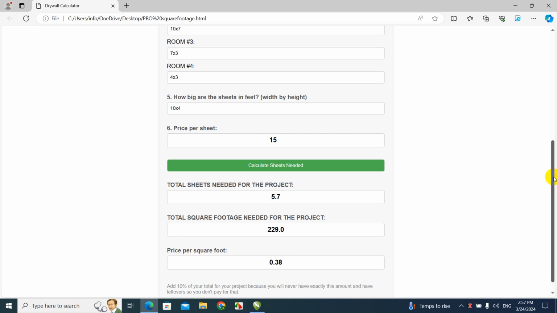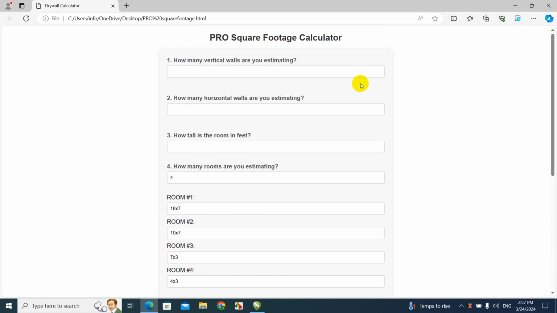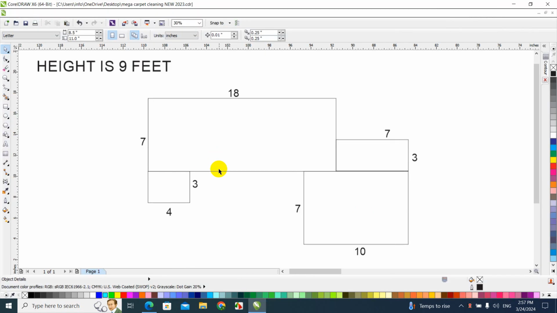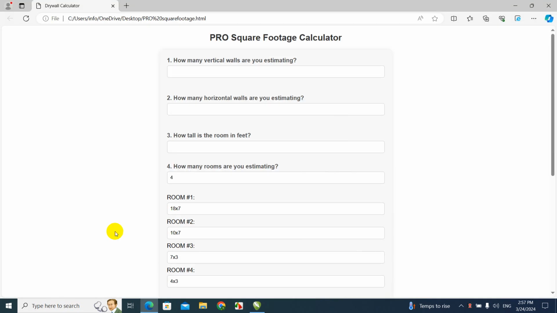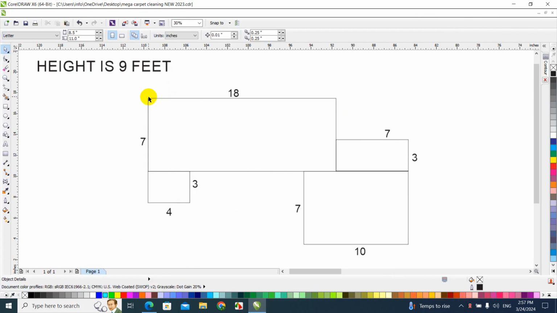Now let's do the walls, okay? So now let's pretend that this customer wants an estimate of the walls and the ceiling. We already got the ceiling covered. So how do you get the measurements for the walls, okay? Now we're gonna go to question number 1. How many vertical walls are you estimating? And the verticals are these walls right here, okay?